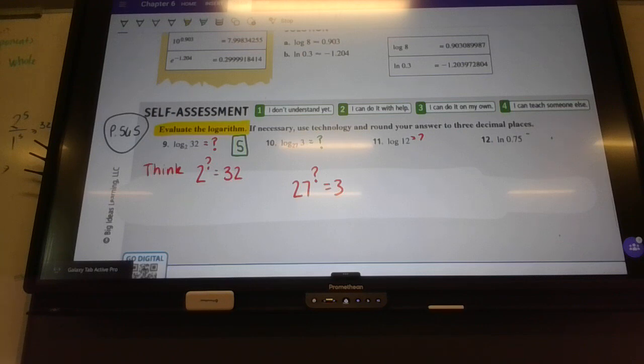If an argument is less than a base, if a number actually has to get smaller, you need to consider fraction exponents. Back when we were doing fraction exponents are roots, 27 to the 1/3 is really the third root of 27. So we need a fraction exponent here.